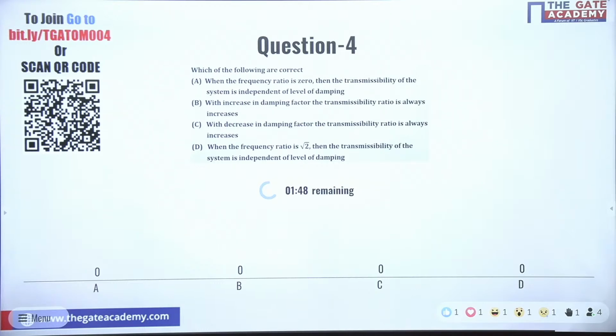Please try to recollect what we have learned in the graph of transmissibility ratio versus the frequency ratio, ω/ωn. Okay, do we remember that we have a plot between transmissibility ratio and ω/ωn? Do we remember that?